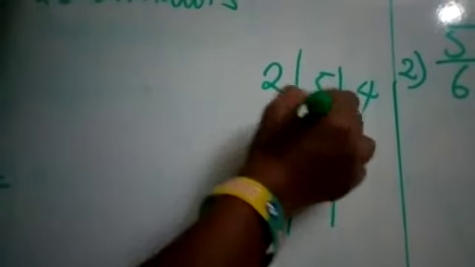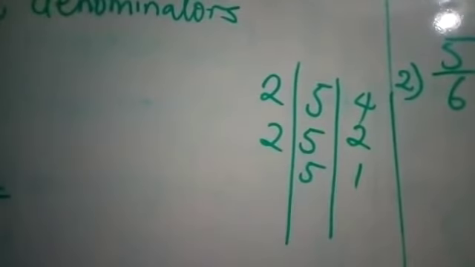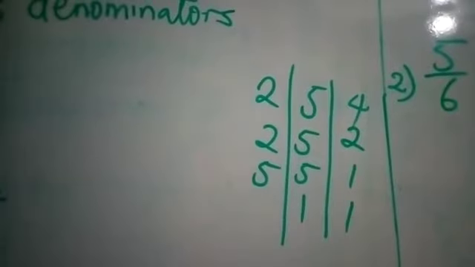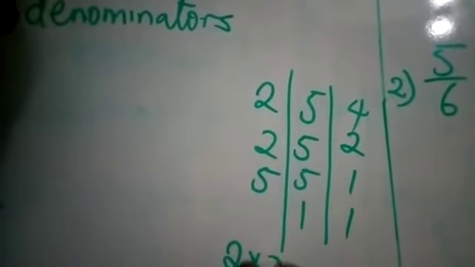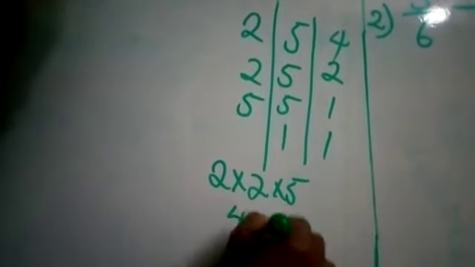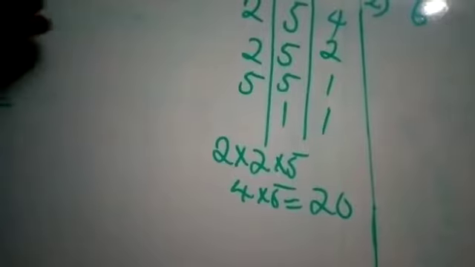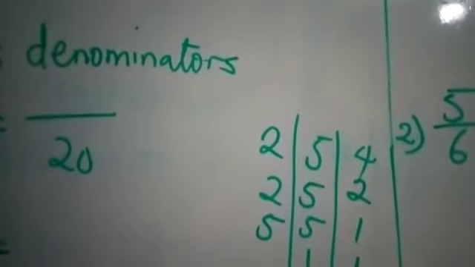Always begin with the lowest factor. 2 can go into 4, 2 here will be 2. 2, 5, and 1. 5, 1, and 1. So we have 2 times 2 times 5, which is 2 times 2 is 4 times 5. That is 20. We bring it up here. Our lowest denominator here will be 20.